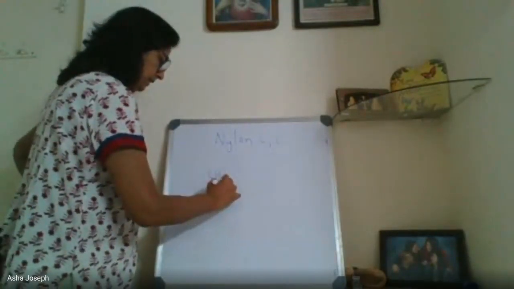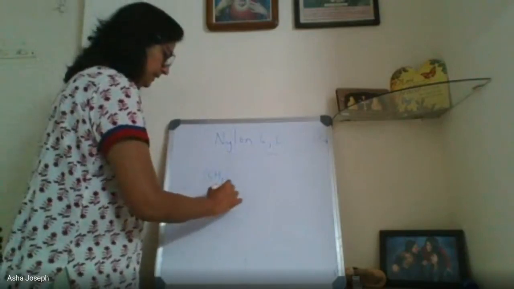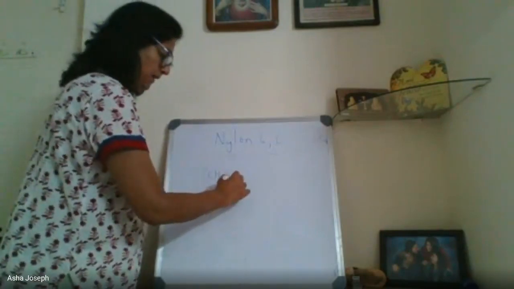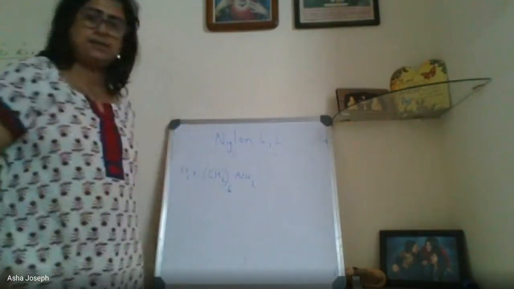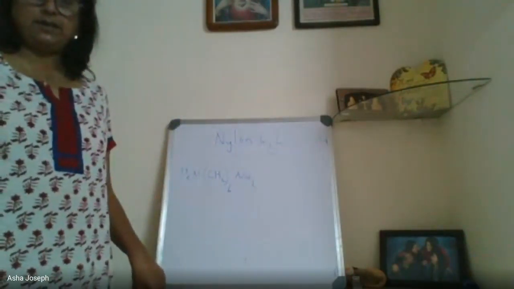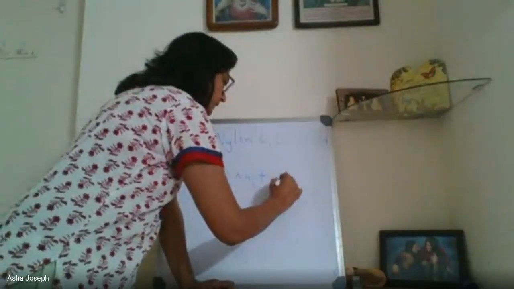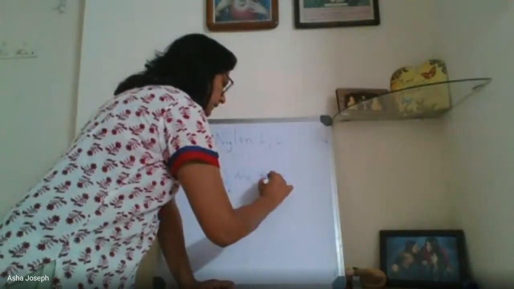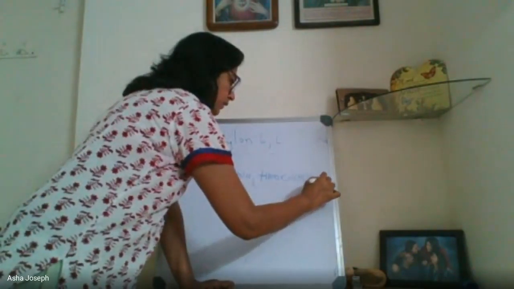Hexamethylene, see, methylene group is CH2, 6 times. Diamine, amine you know NH2, NH2. So this is the first monomer, hexamethylene diamine, and adipic acid. Adipic acid is a dicarboxylic acid, CH2 4 times, COOH.